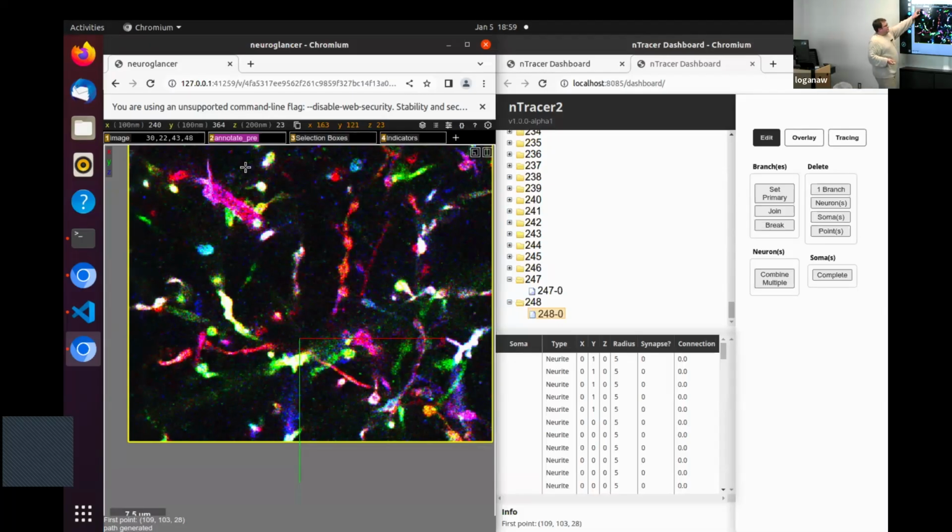This is pretty far into an experiment. We've traced 248 neurons in this specific experiment, and only this purple one that's being worked on right now is being highlighted. But each one of these has a tree-based structure that represents the morphology of the neuron, which can then be exported to the interface I just showed you.